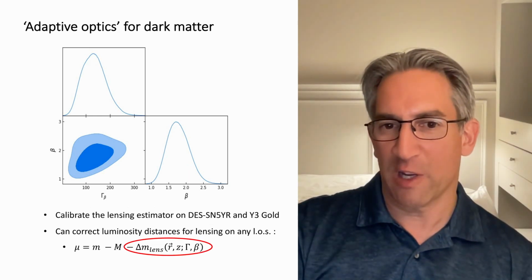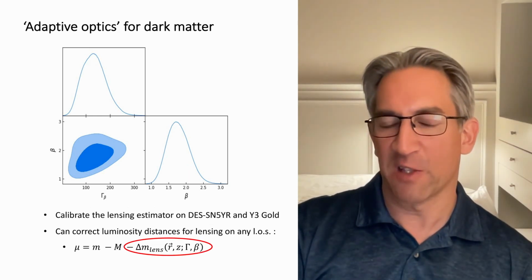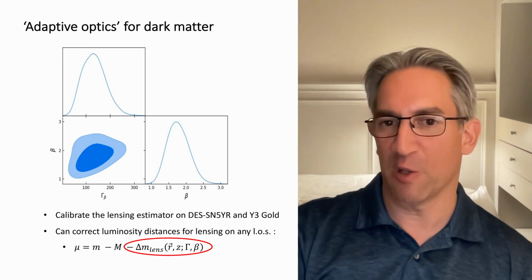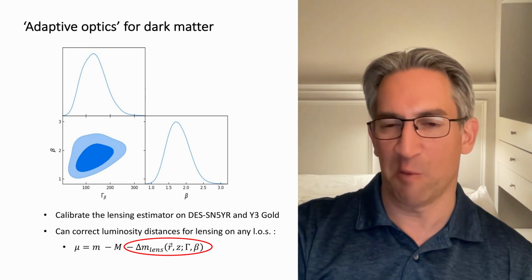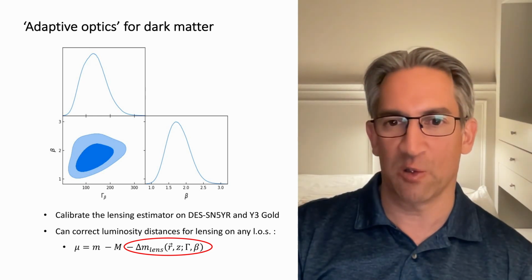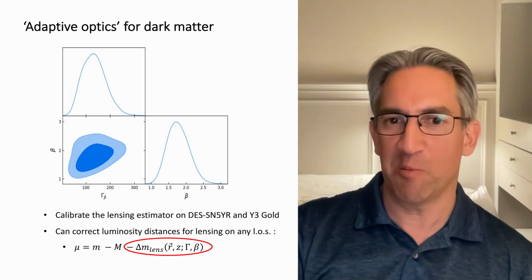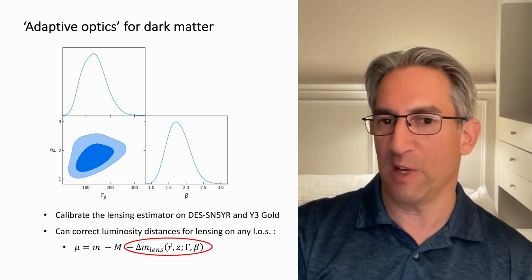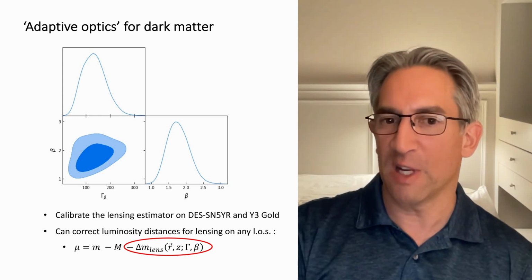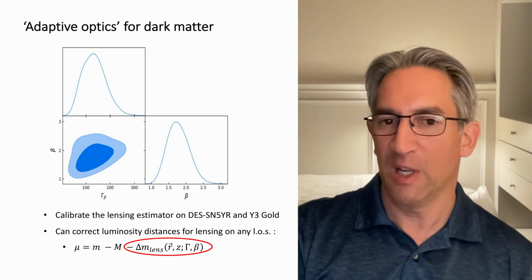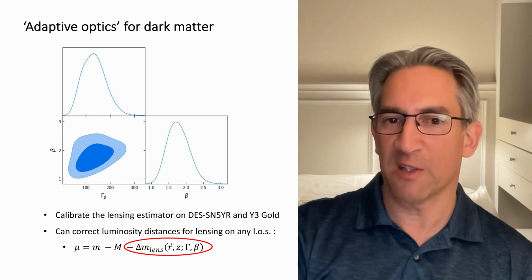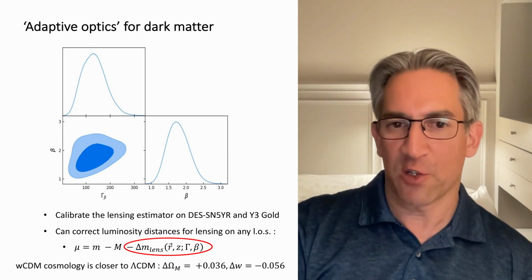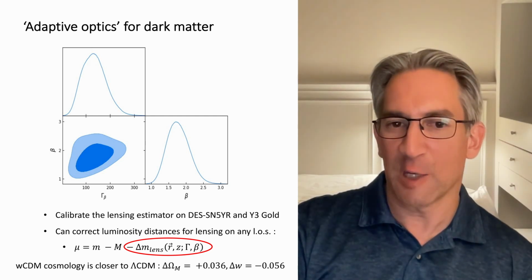Now, as we claimed before, we've calibrated the lensing estimator based on our data, our data being the 5-year DES supernova sample and the foreground galaxy catalogue called Year 3 Gold. And now we can use that estimator for any line of sight within the DES Year 3 Gold footprint, and we can attempt to correct distances for this lensing estimate. What do we get if we try this for the wCDM cosmology?